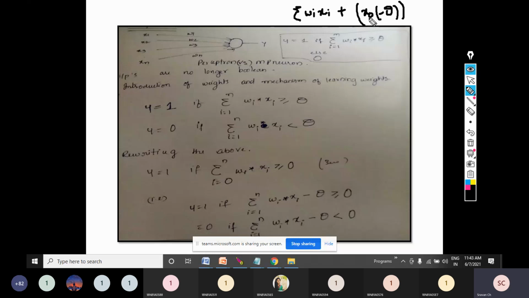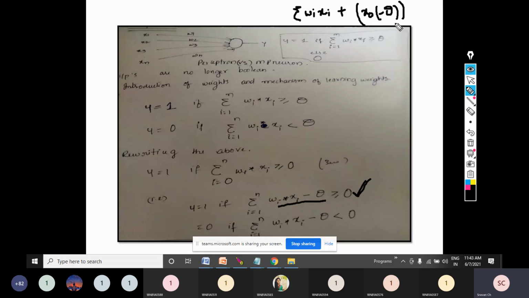This is a mandatory input because of this equation. So x naught will be 1. 1 into minus theta is minus theta. So sigma of wi xi plus minus theta is nothing but minus theta. So same thing, I can write it like this. So I'm adding one more input. This equation which is being highlighted here can also be understood like this.